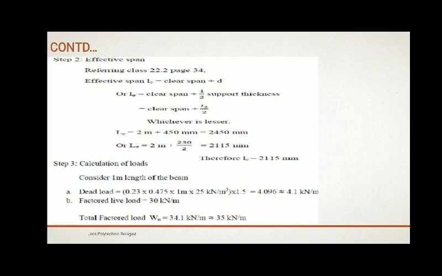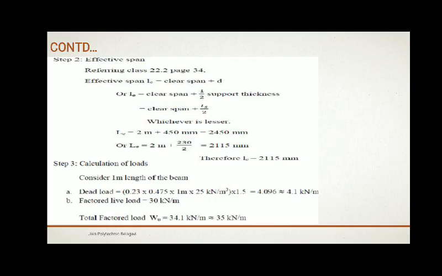Now next is calculation of the loads which are coming on the beam. The actual breadth of the beam is not given, so we are assuming as per standard 1 meter of the beam. Now dead load is equal to 0.23 into 0.475 into 1 into 25.